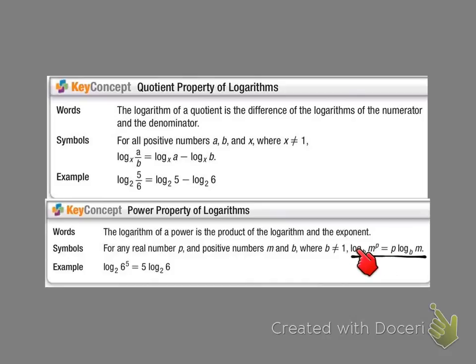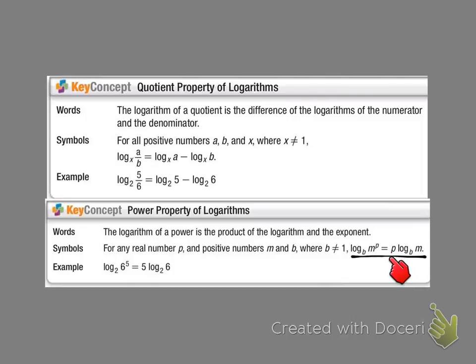So you have a log to a base of a quantity with a power on it. Everybody see that? What you're able to do is take that power on the quantity you are taking the log of and bring it down in front.